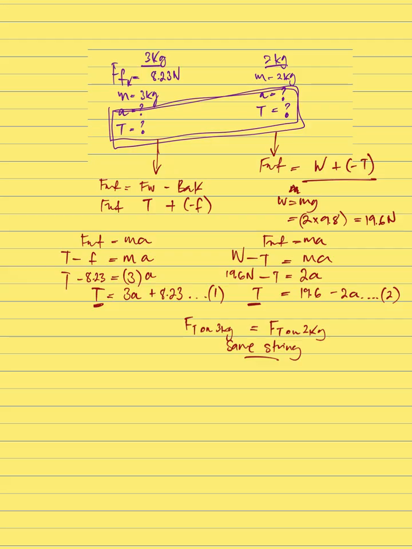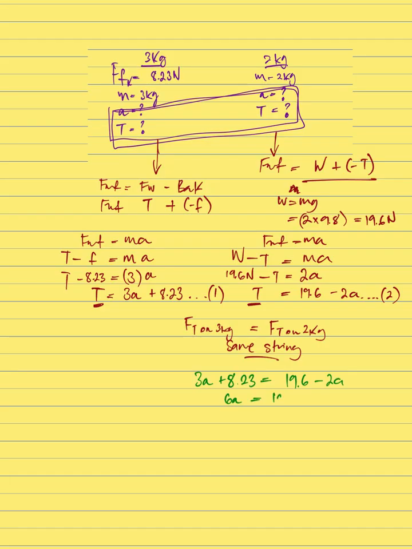So I'm going to say tension on the 3 kilogram block, which is 3A plus 8.23, is equal to tension on the 2 kilogram block, which is 19.6 minus 2A.